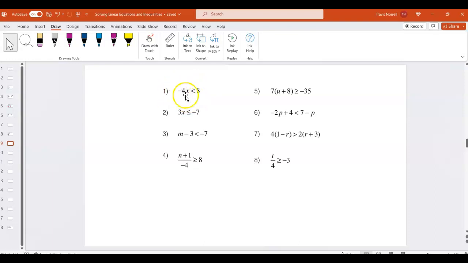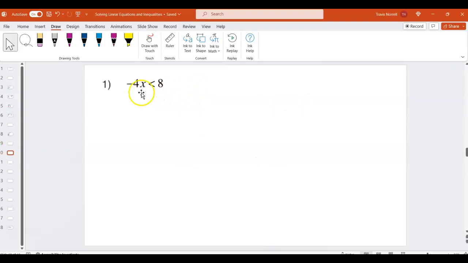So let's look at number 1, and I'll show you what I mean. So here's a prime example of what I'm talking about. We're going to solve this the exact same way, PEMDAS. And this is being multiplied, x is being multiplied by -4. So the opposite of multiplying by -4 is to divide by -4.